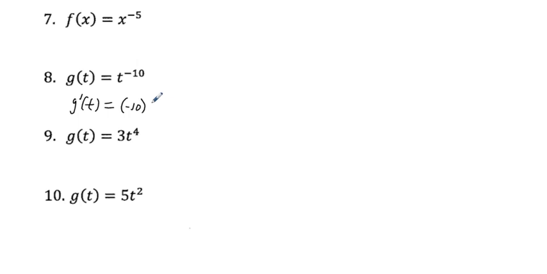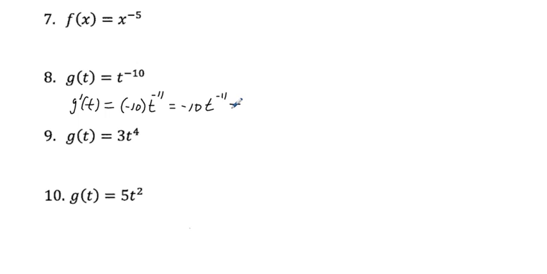And then it's going to be times t to the, we take negative 10, and we have to take this n value and subtract 1, so we get negative 11. And so what we're going to get here is negative 10 t to the negative 11th power.